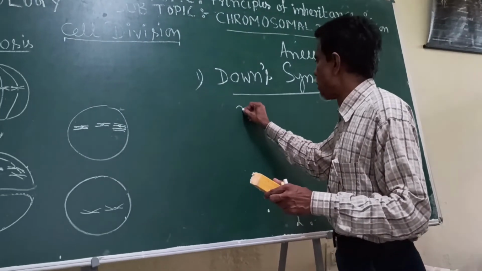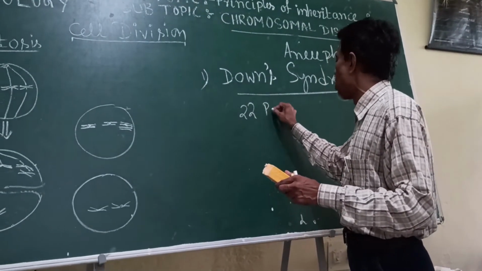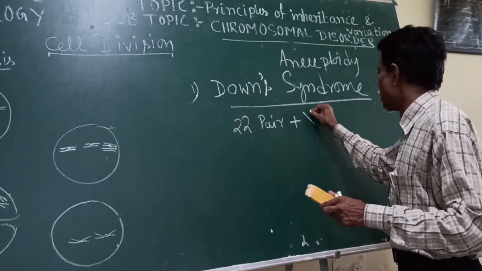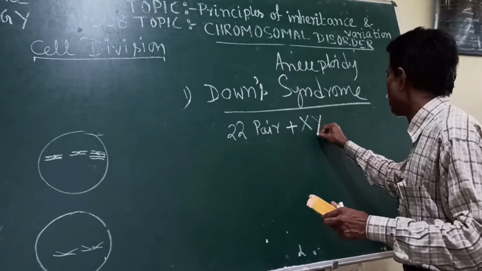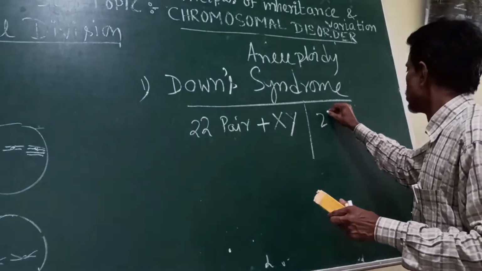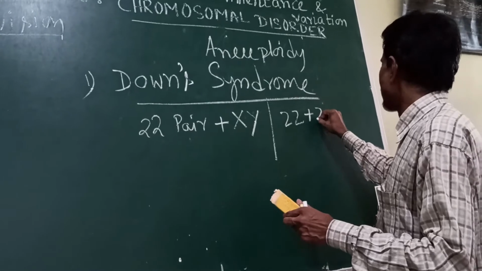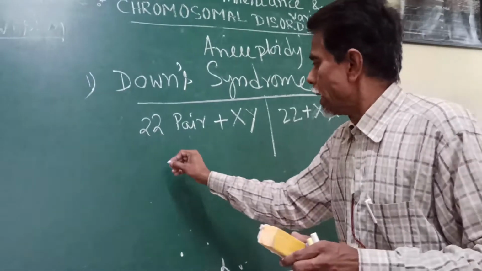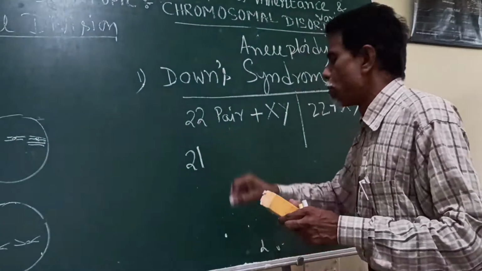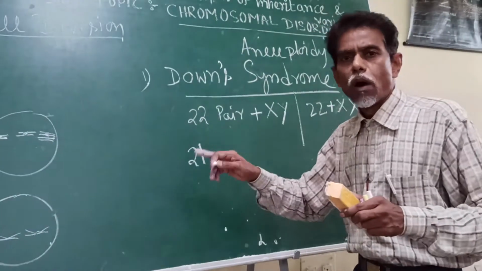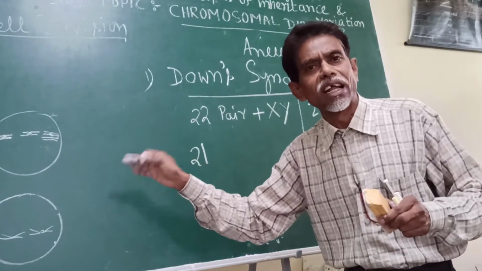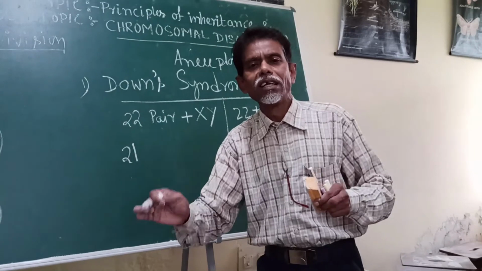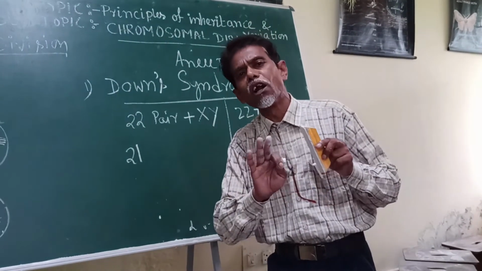As we know, we have 22 pairs of autosomes plus 2 sex chromosomes, XY in male and XX in female. Now what happens? Up to the 20th pair, the chromosomes are normal.